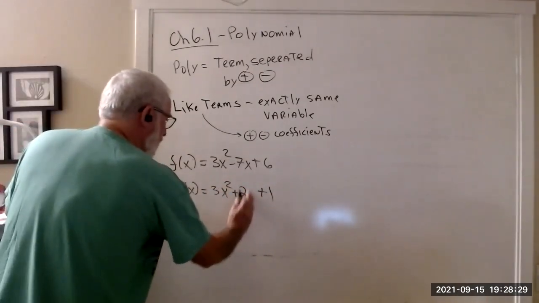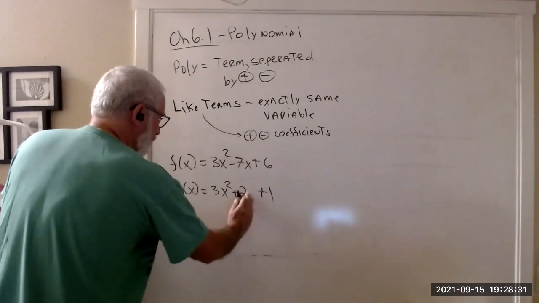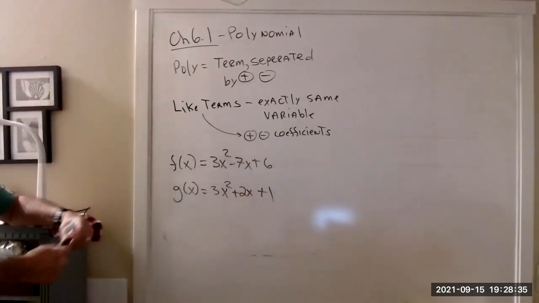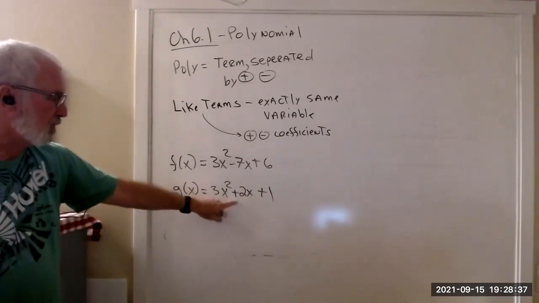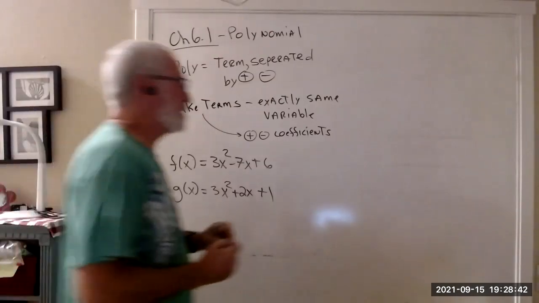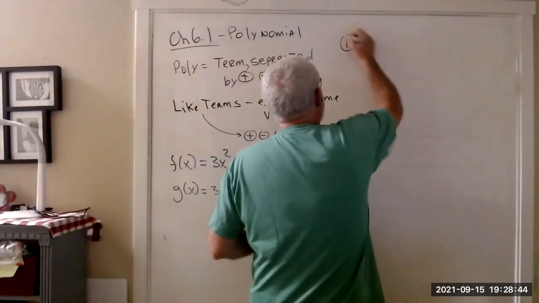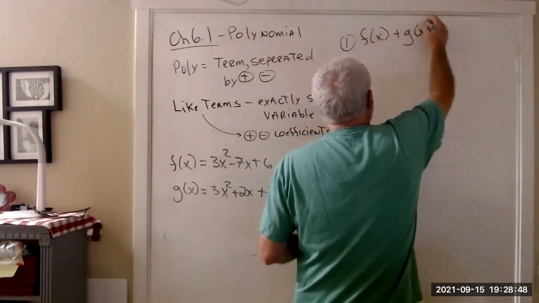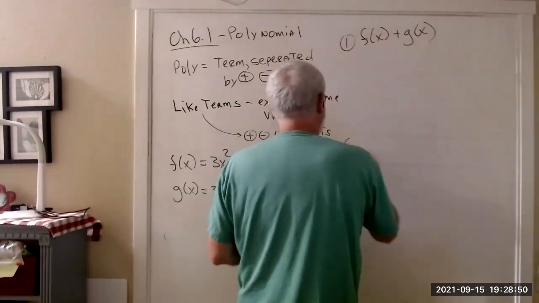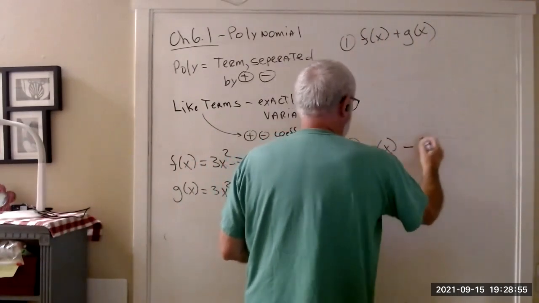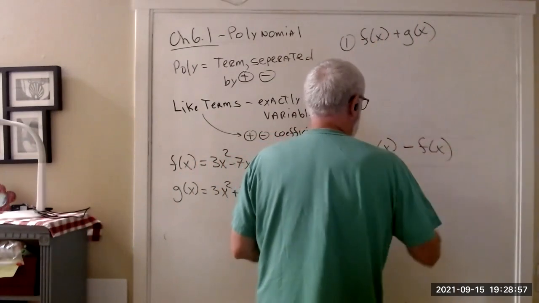G of x is 3x squared plus 2x plus 1. So Mom is going to say, number 1, find f of x plus g of x. And number 2, find g of x minus f of x.